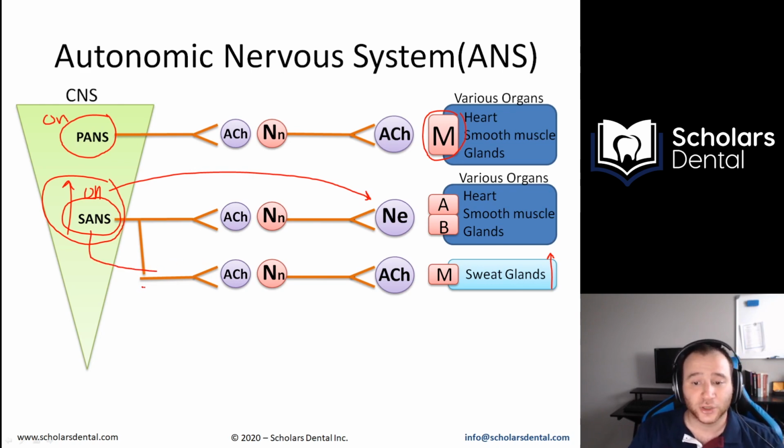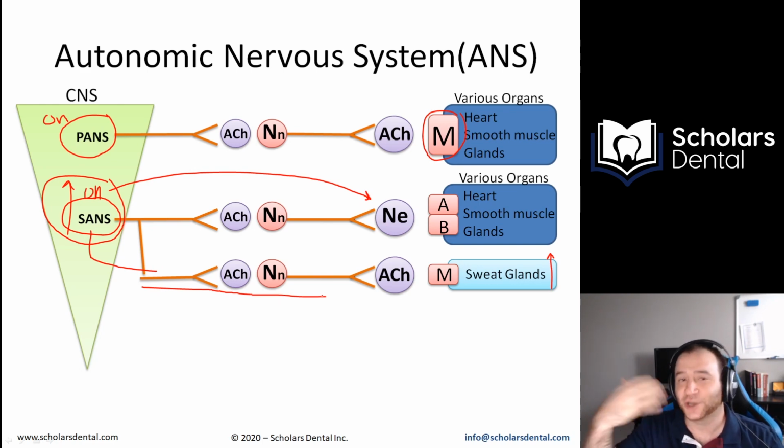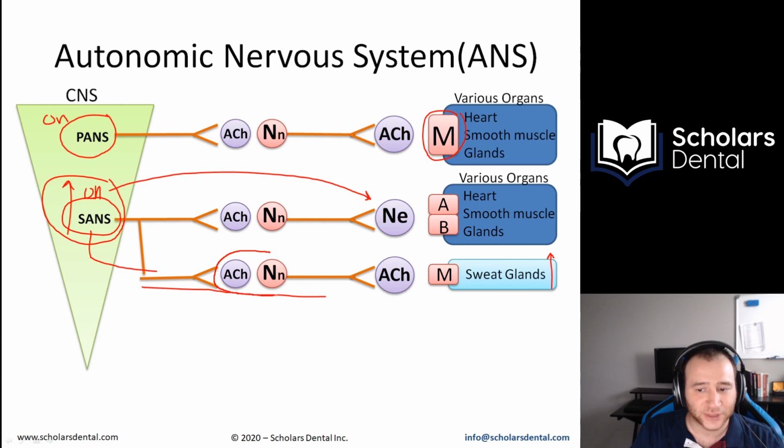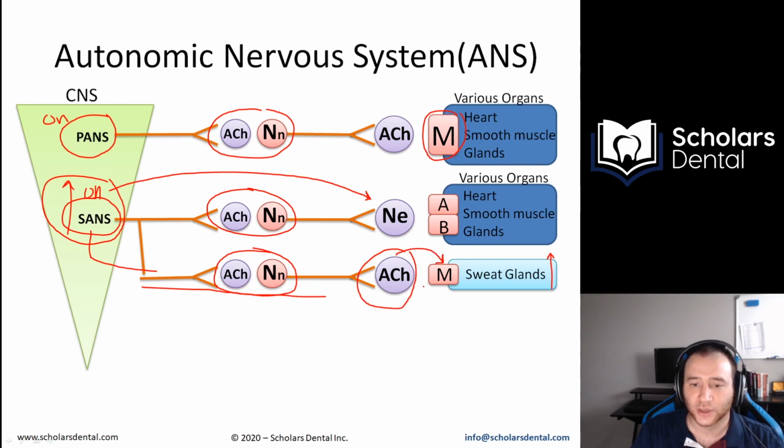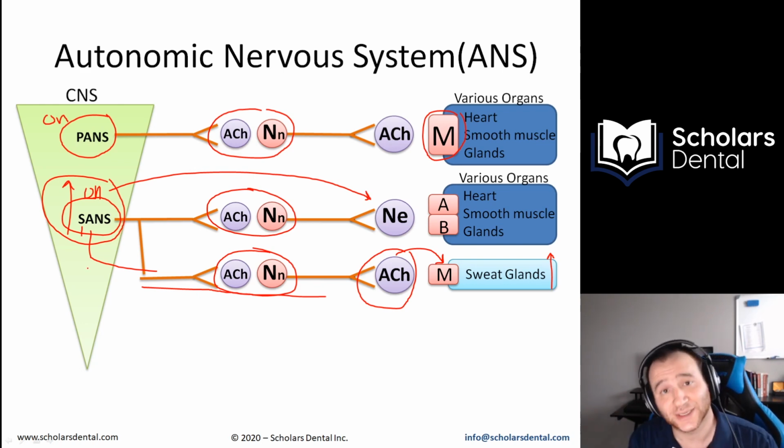So they created a new type of fibers. I'm just talking in a way to help you memorize it. The ganglionic area is always the same, that never changes. But the end release is acetylcholine to muscarinic. This is the only area where you'll find the sympathetic system's fibers actually releasing acetylcholine.